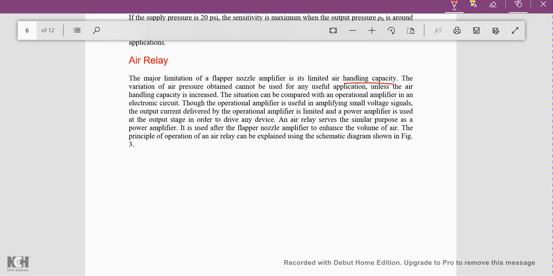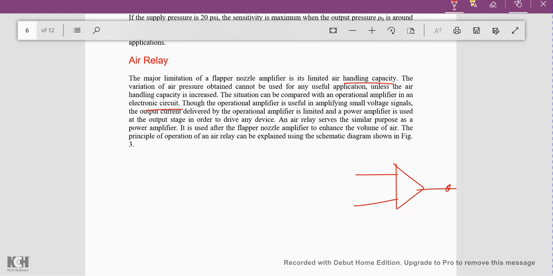The situation can be compared with an operational amplifier in an electronic circuit. Though the operational amplifier is useful in amplifying small voltage signals, the output current delivered by the operational amplifier is limited, and a power amplifier is used at the output stage in order to drive any device. So the operational amplifier definitely does the amplification, but there will be a limitation on the output obtained here.